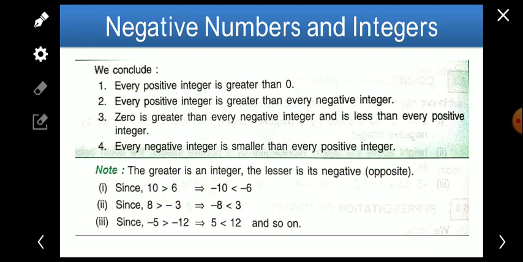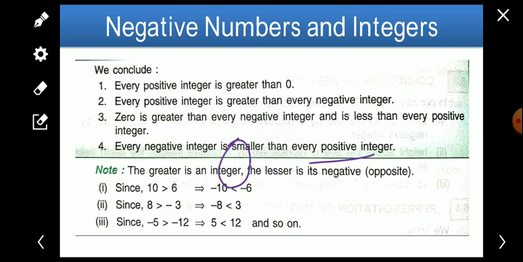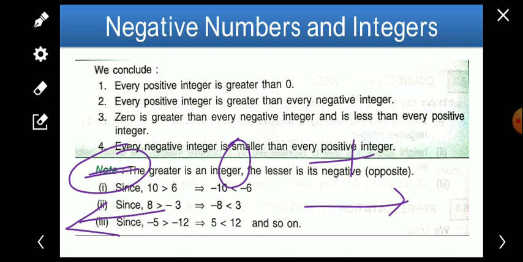So I hope that you have understood. Now 0 is greater than every negative integer and less than every positive integer. Obviously 0 is in between. Let me write 0. On the right side positive integers are there, on the left side negative integers are there. So 0 lies on the right side of negative integers.